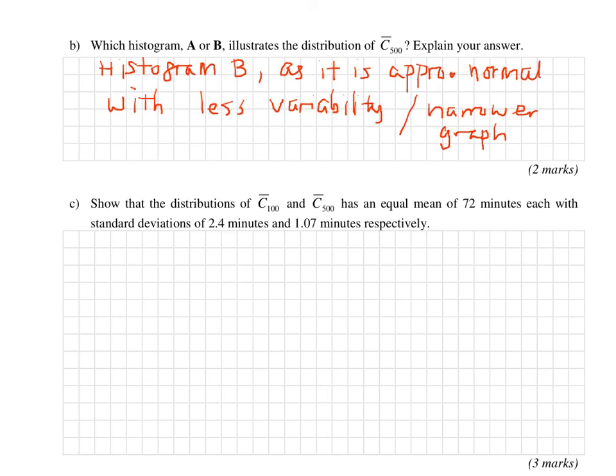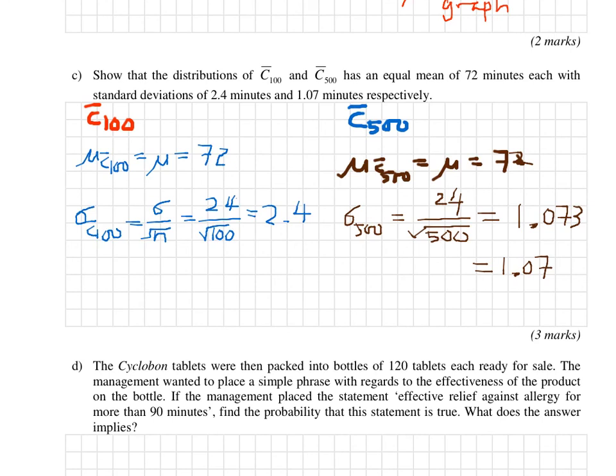So following that diagram, histogram B, and the reason is because it approximates normal with less variability, or you can say it's a narrower graph, or less dispersion. Here they ask us to calculate the standard deviation and mean for samples of 100 and 500. So we got them, and clearly both values are shown.